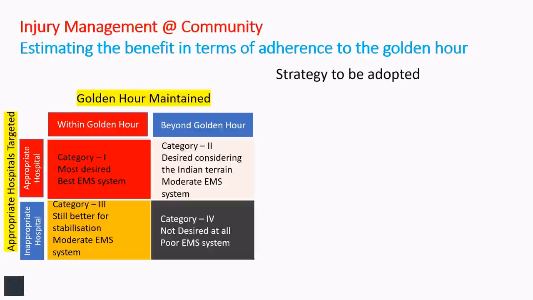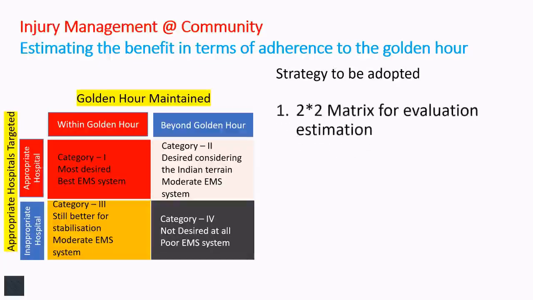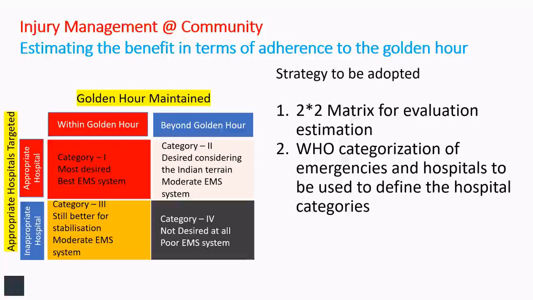Now the strategies to be adopted here. First, we have to do this 2 by 2 matrix for evaluation and estimation of the total cases that have been presented to that particular EMS system for its management. Second, we have to utilize the WHO categorization of emergencies and hospitals to define the hospital categories.